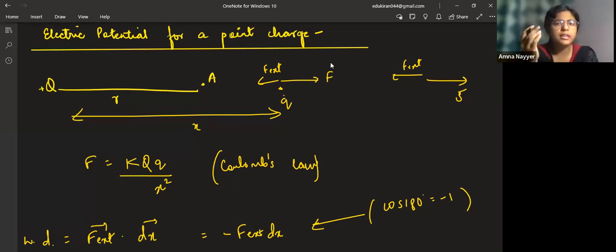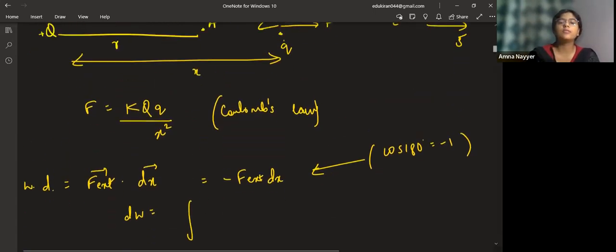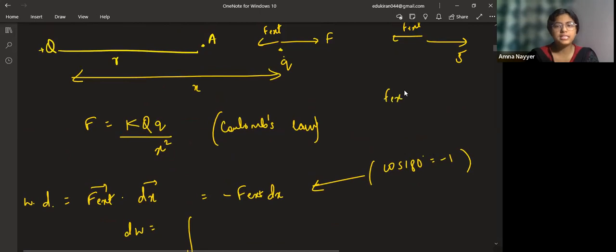So at a particular point they are equal, and F external and the force are always negative of each other. Remember, F external and the force are negative of each other.